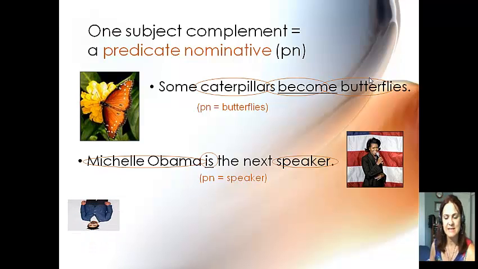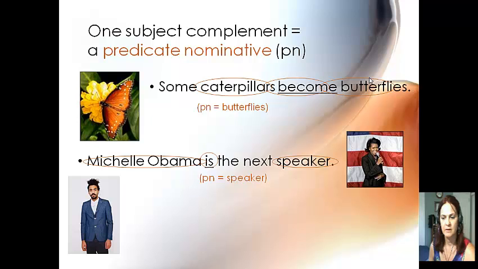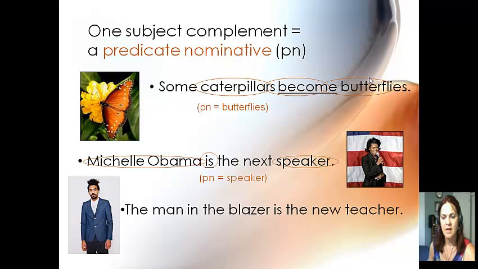And the last example. The man in the blazer is the new teacher. So man is my subject, my linking verb is, and man is connected with teacher. So my predicate nominative is teacher. Now notice these examples of predicate nominative.